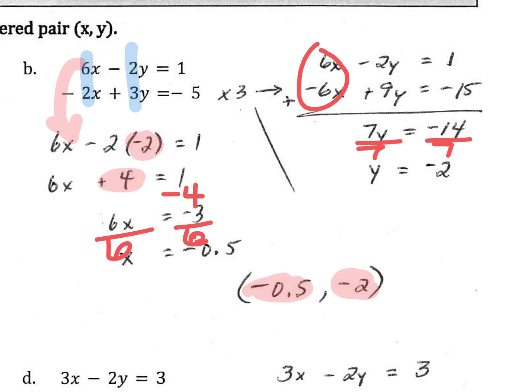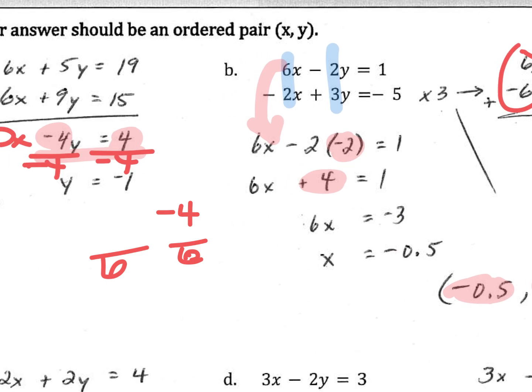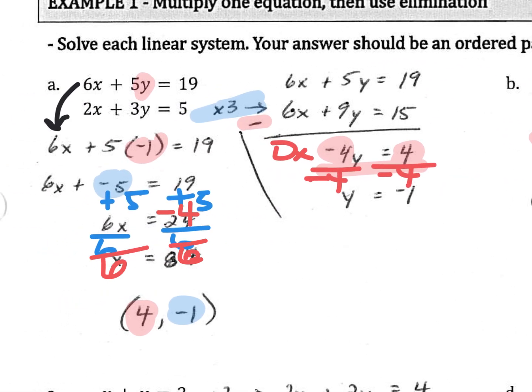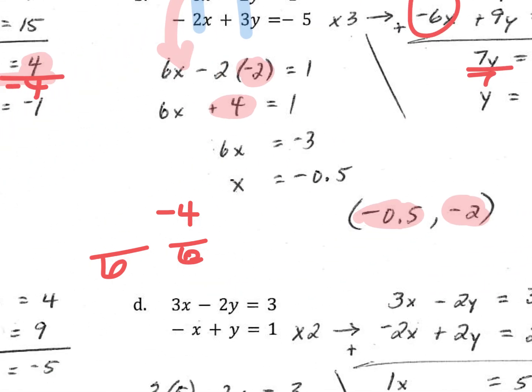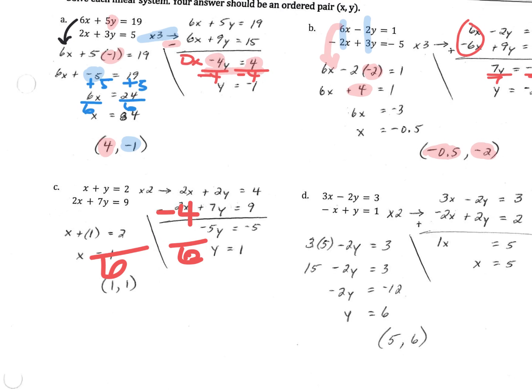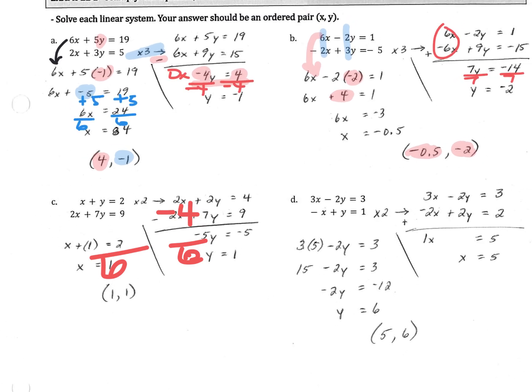So for our first example, we subtracted. For our second example, we added. If we look at these other two examples, letter C and letter D. Letter C, we had to multiply the top equation by 2.